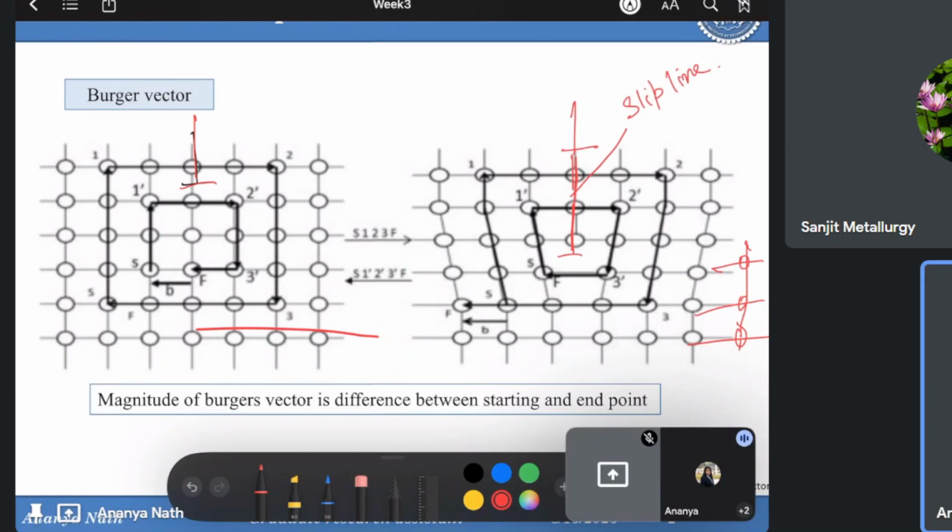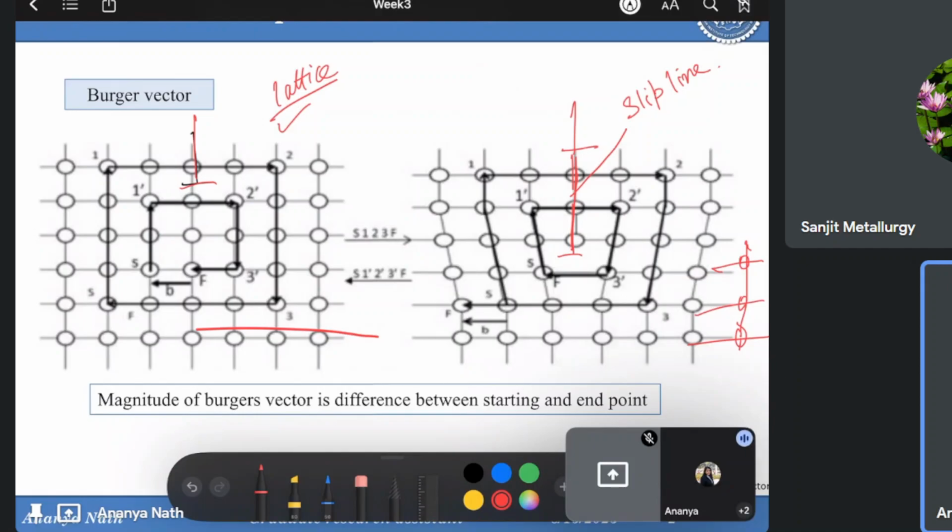Now let's talk about the Burgers vector. What is the Burgers vector? Suppose this is a normal lattice, a lattice without any fault. We can also call this type of lattice a strain free lattice. We have discussed it in one of our classes.